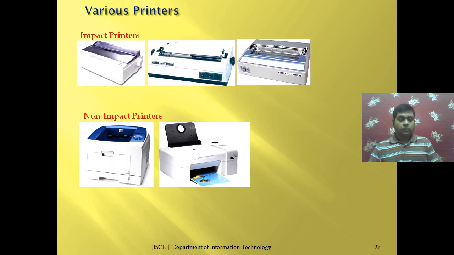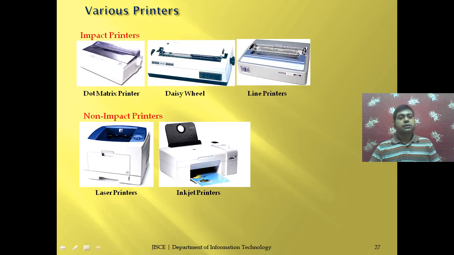Okay. So the impact printers are the dot matrix, the daisy wheel, and the line printers. And the non-impact printers are laser printers and inkjet printers.